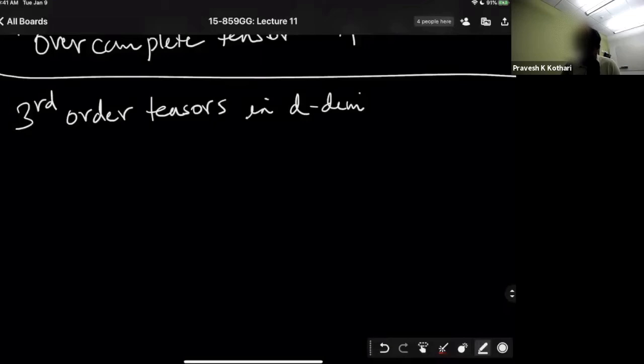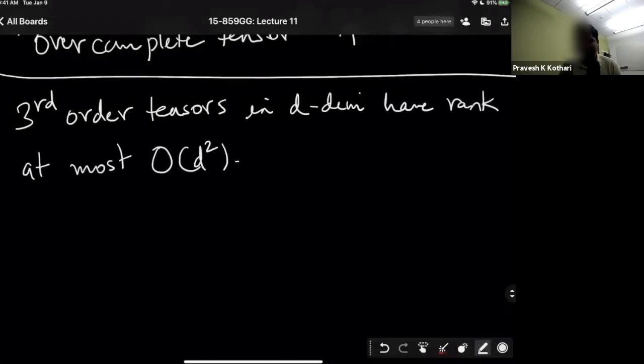Third order tensors in d dimensions have rank at most order d square. Who wants to tell me a proof of this? If I take an arbitrary tensor, I claim that it has rank at most O of d square. Why would that be true?